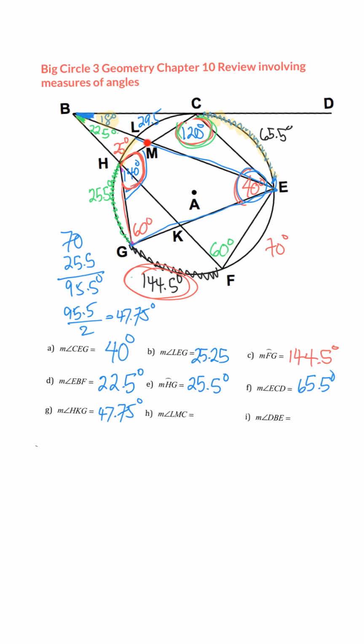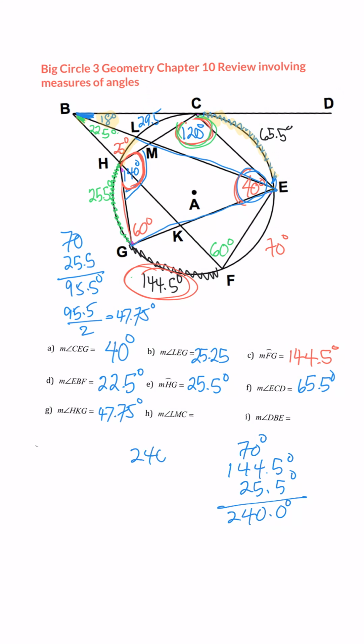Measurement of angle LMC. This is inside the circle. Therefore, we are again going to use half the sum of this arc and this particular big arc here. Okay? So that is 70 degrees plus 144.5 degrees plus 25.5 degrees is equal to 240 degrees.